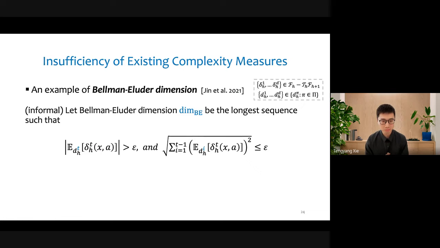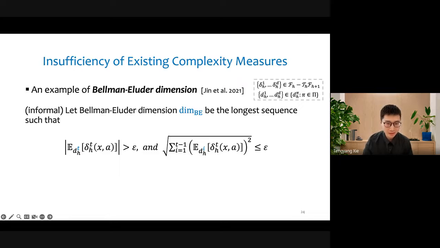So informally, Bellman eluder dimension is defined by the longest length of this sequence. That is, we can pick delta to be the Bellman error of any function in our function class, and the d here can be picked as d pi for any pi in our pi class.